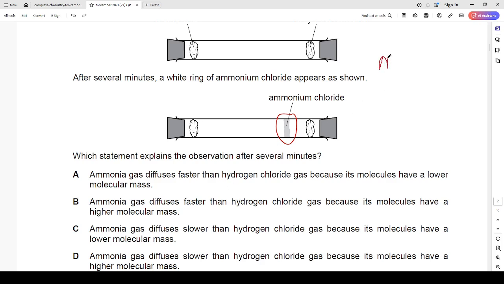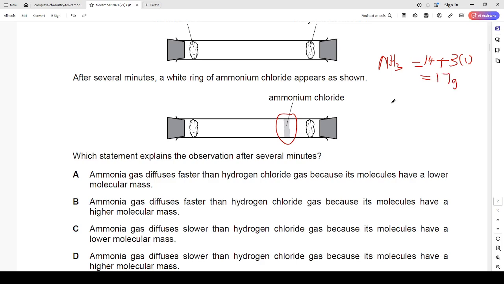The molecular weight of ammonia, NH3, is 17. How? Nitrogen is 14 plus 3 atoms of hydrogen, which totals 17 grams.